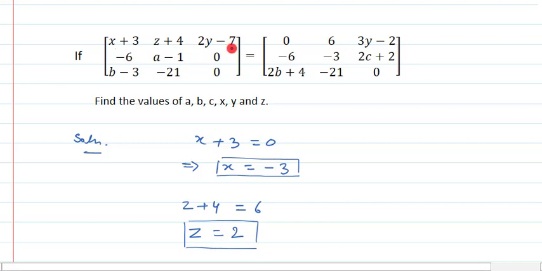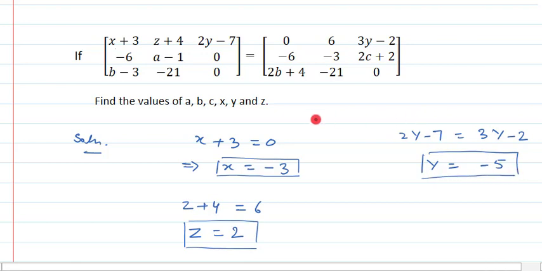Next we can find the value of Y by equating the corresponding element A13 in both the matrices. So it is 2y minus 7 is equal to 3y minus 2. From here we get y is equal to minus 5.